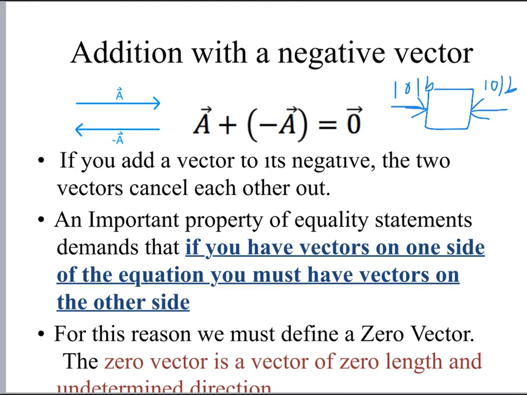Those two forces are going to cancel out, and that box is not going to slide across the floor. So the result of adding those two vectors together would be 0. And when we add a negative vector, it's just like adding a negative number to a positive number. You're doing subtraction. And so we're going to talk in more detail about how to do vector subtraction in general, but this is our first example of a vector subtraction.